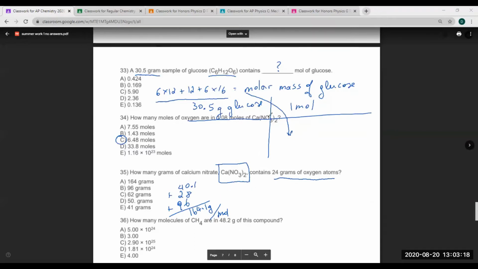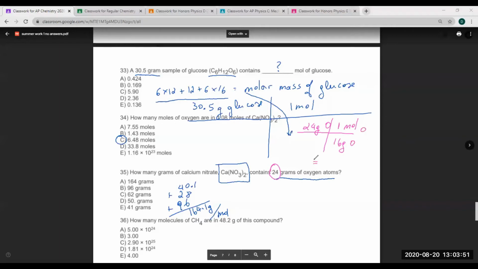Now, what we need to do also is to create the ratio between the atoms and this compound. First of all, how many moles are contained in 24 grams of oxygen? We have 24 grams of oxygen, and we know that 16 grams is 1 mole of oxygen.